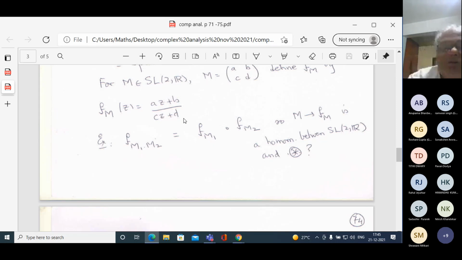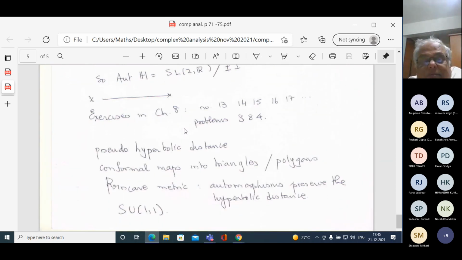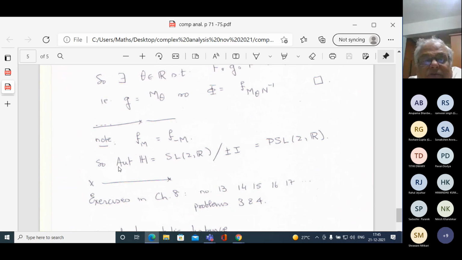So when I come down to this, f_m is f_{−m}. So somehow I can't say that the automorphism group is equal to SL2R. The automorphism group is not isomorphic to SL2R, but it is isomorphic to SL2R with the plus and minus signs identified.